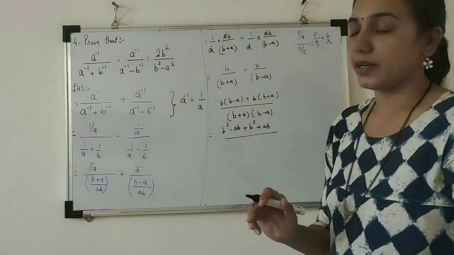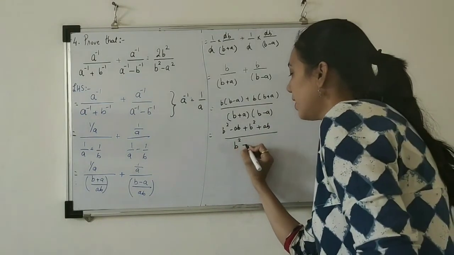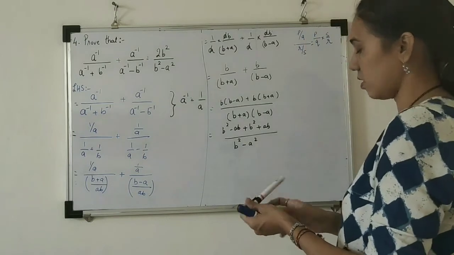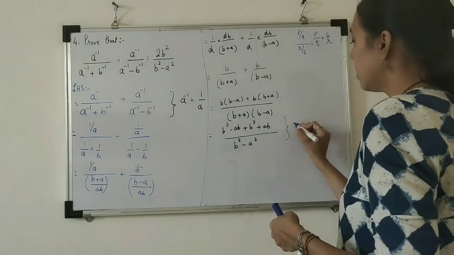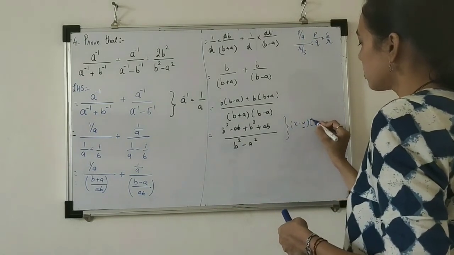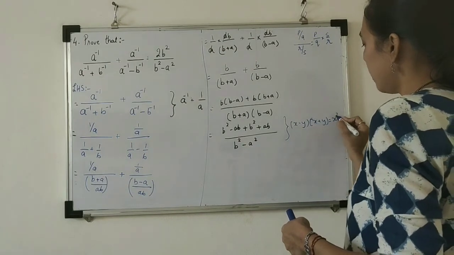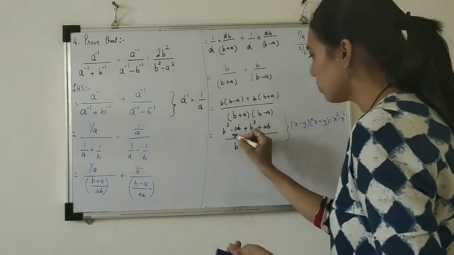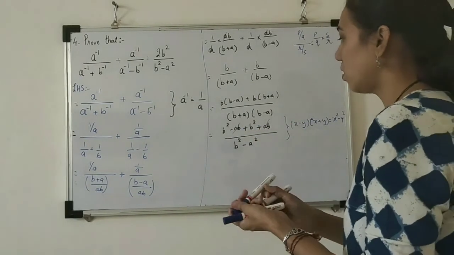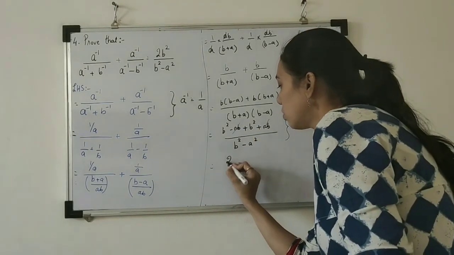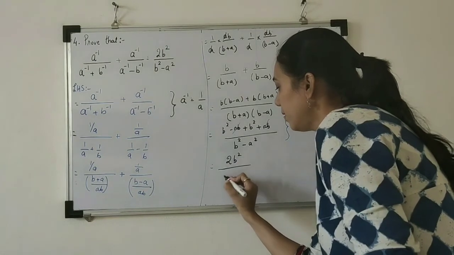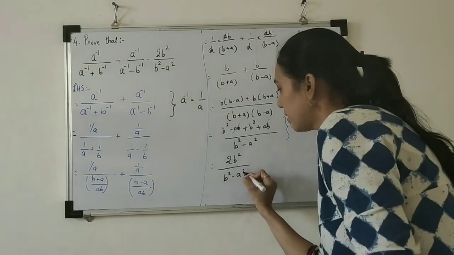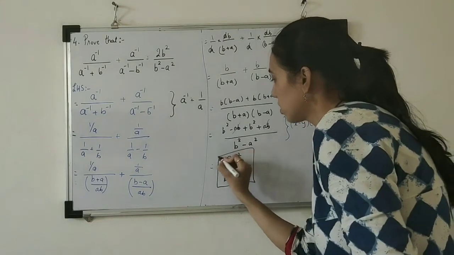If you use the identity, you are going to get b square minus a square. Okay? Which identity? x minus y into x plus y is equal to x square minus y square. Now this will be cancelled and you are going to get 2b square upon b square minus a square. Hence proved.